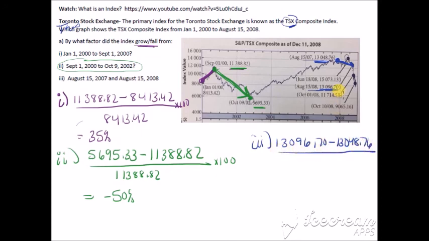Oh, maybe I'm wrong. And then we divide it by the most current one, the later one. So that one actually went down 23%. I wouldn't have thought that it went down that much, but it did. So there was a rise between these two points. There was a fall in the stock market here, and then there was another fall during this time.